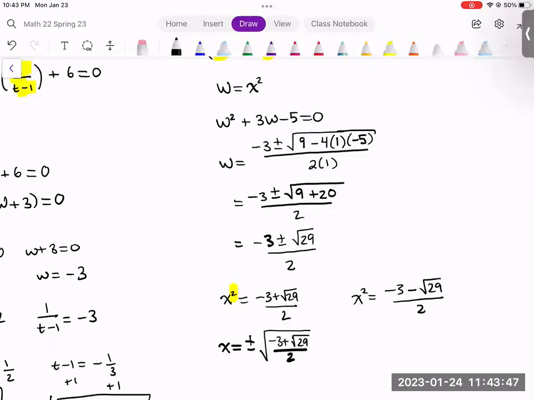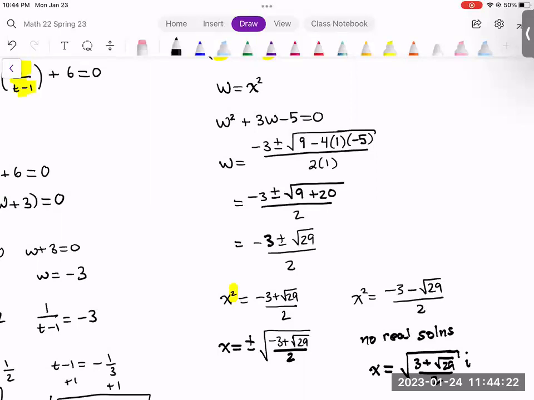If we look at our second term, x squared equals -3 minus square root of 29, all divided by 2. This has no real solutions because we have a square equal to a negative number. But if we wanted to write down imaginary solutions, we'll have x is the square root of 3 plus the square root of 29, all divided by 2 with an i outside.